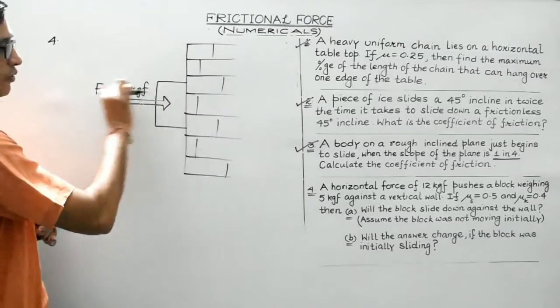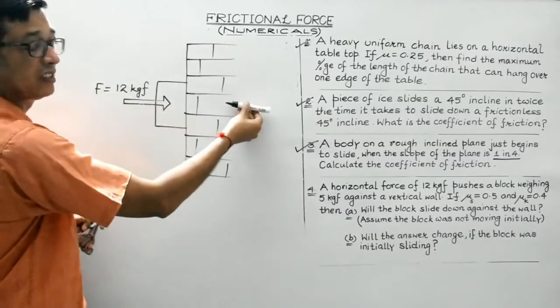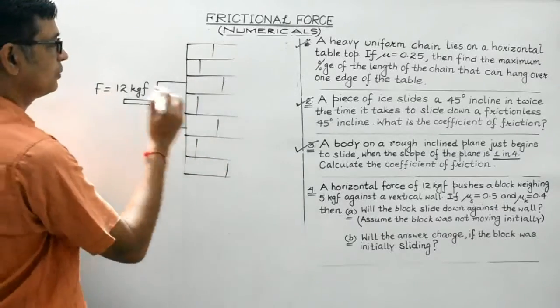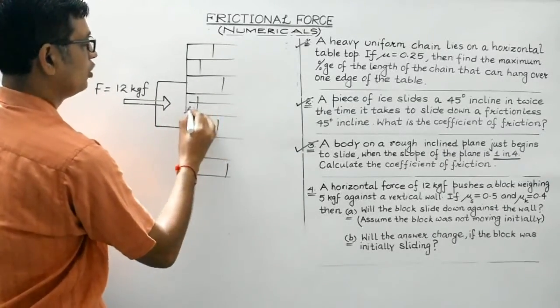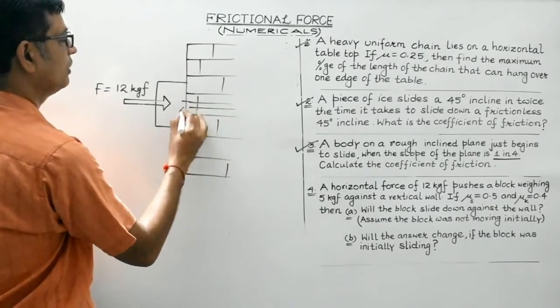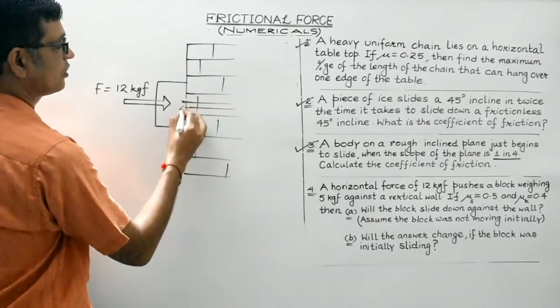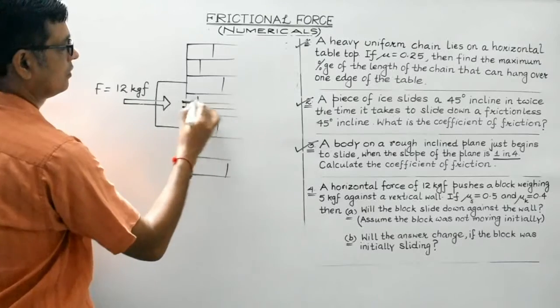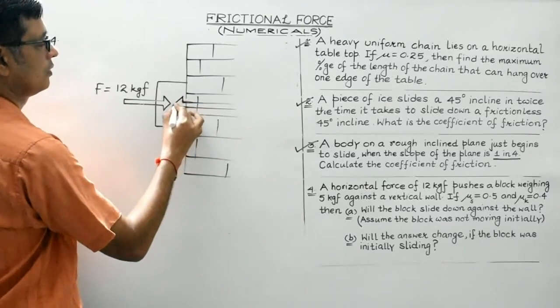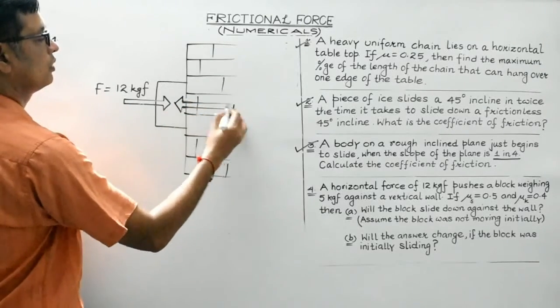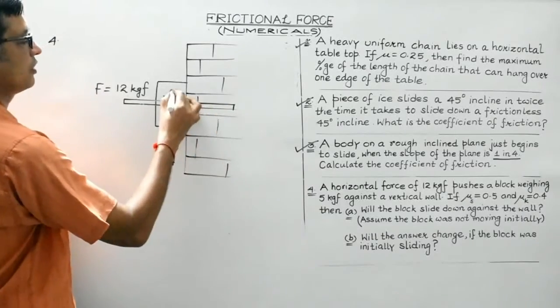Whatever force is applied, the same force will be exerted by the wall on this block, and that is known as normal reaction, isn't it? So this is the normal reaction.